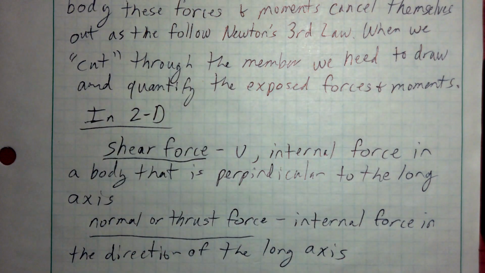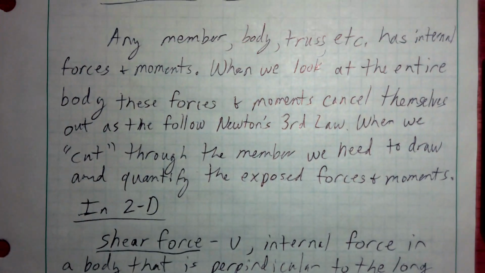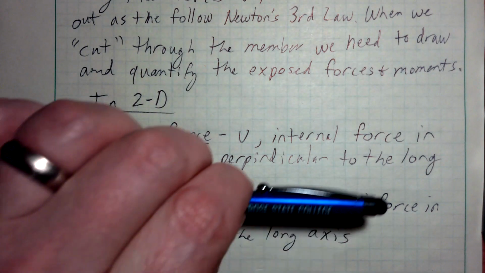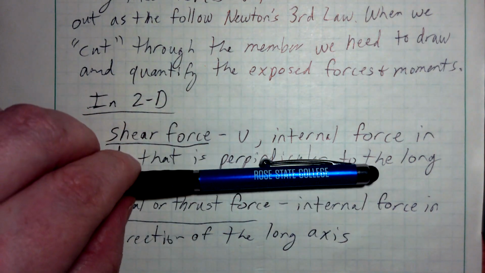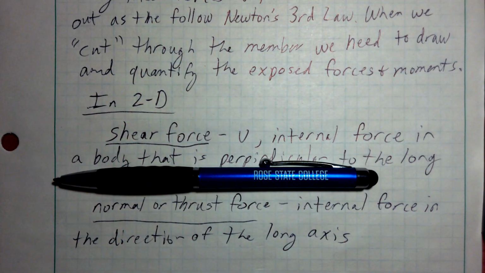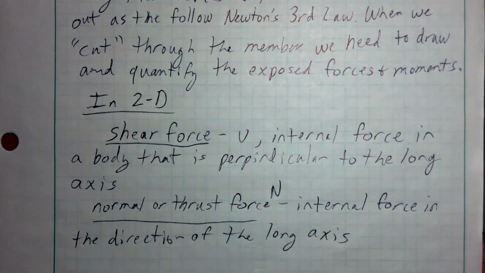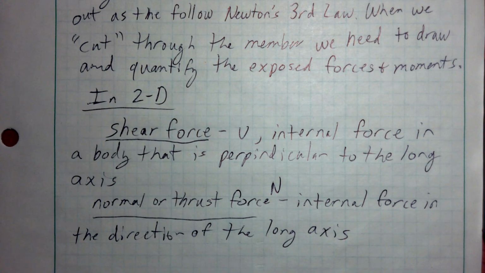And then, as we mentioned, you're going to expose both forces and moments. So basically, if I put the pin in the X direction, the shear is in the Y. The normal force, or the thrust, which we normally just use capital N. Sorry, I should have snuck that in there earlier. Those are our forces.